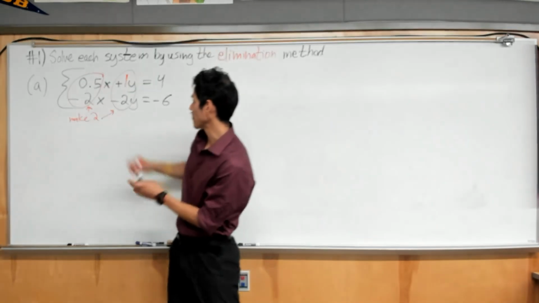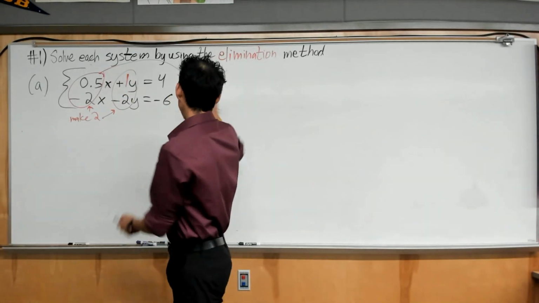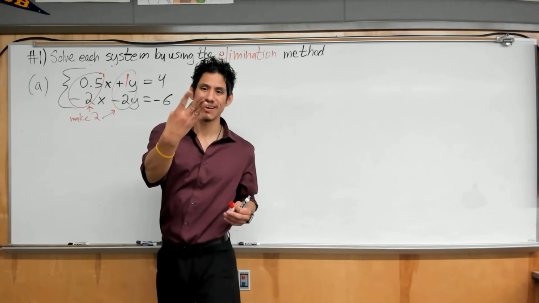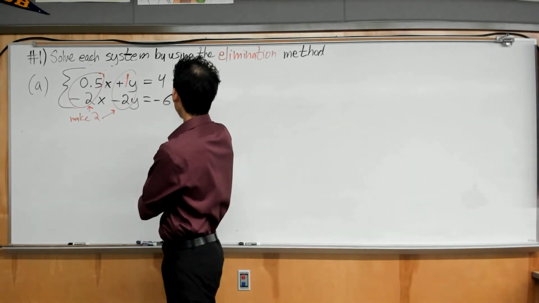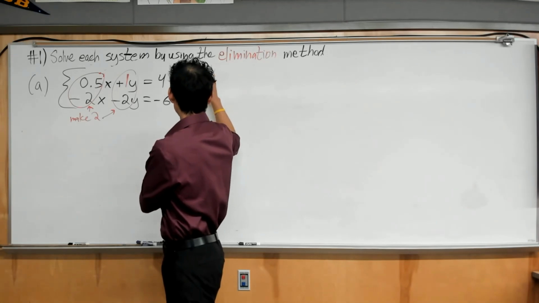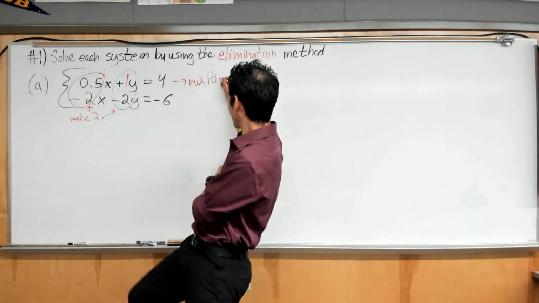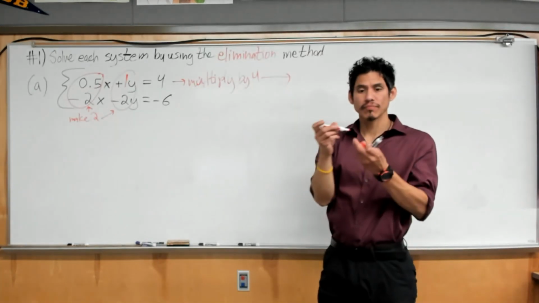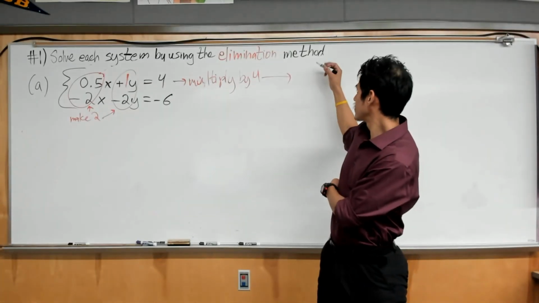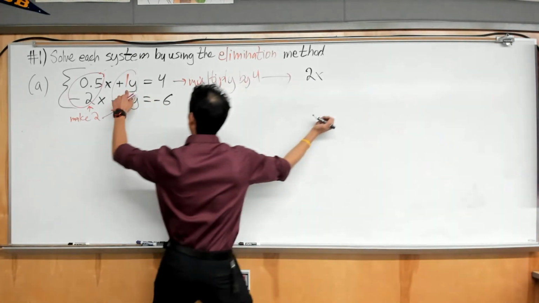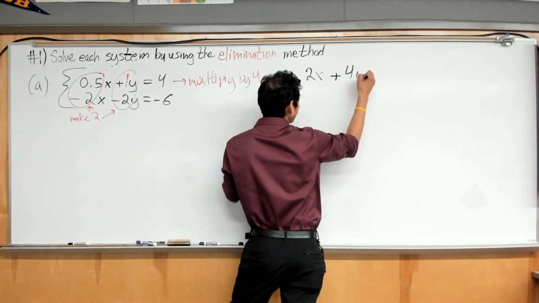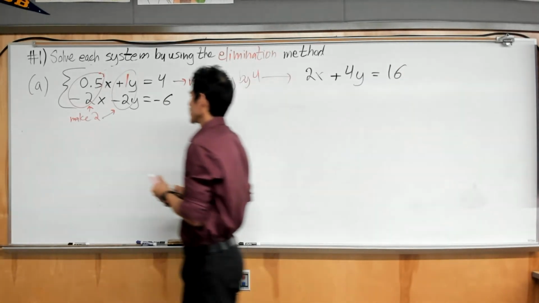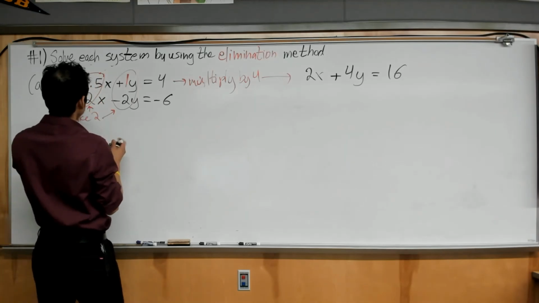You would multiply this by 4. 4 times 0.5x is 2x plus 4y is equal to 4 times 4, 16. Keep this the same.